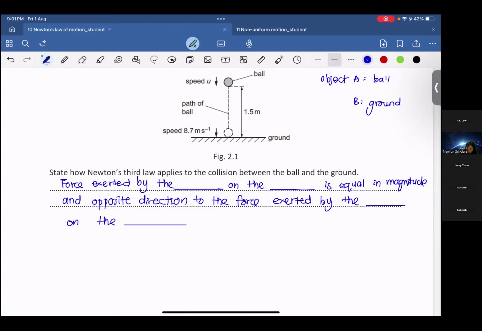Here I left it empty because it is object A on object B, and object B on object A.